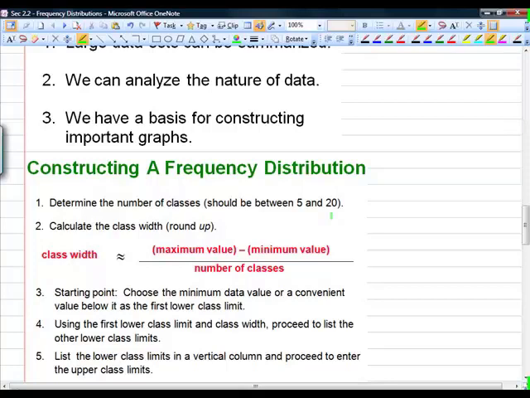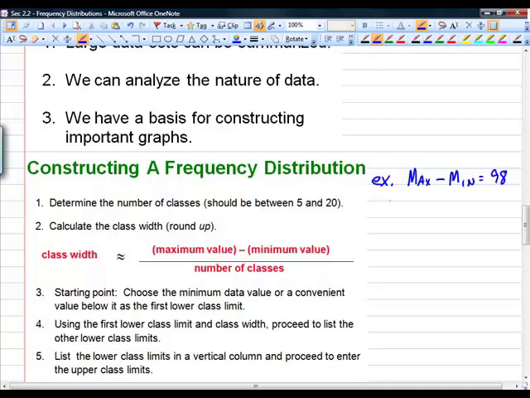So if the difference between your smallest data value and your largest data value is, say, 98, let's say that we're going to have 100 then. 98 is close to 100, round up. Then we could have 5 classes. Suppose the difference between your maximum data value and your minimum data value is 98.